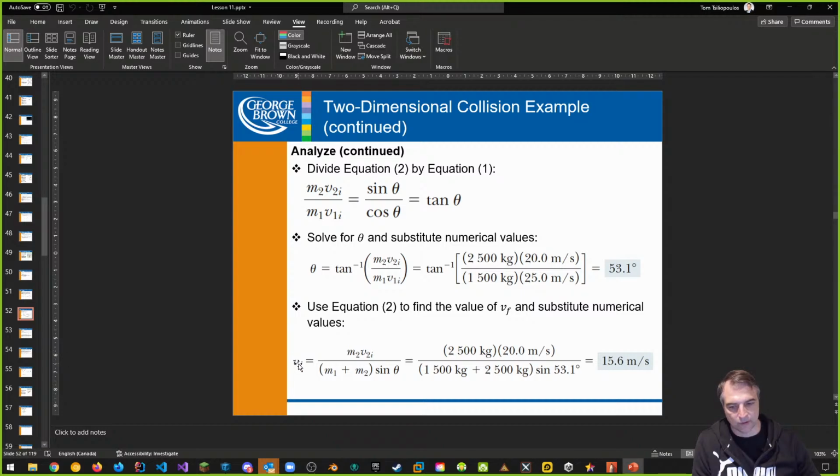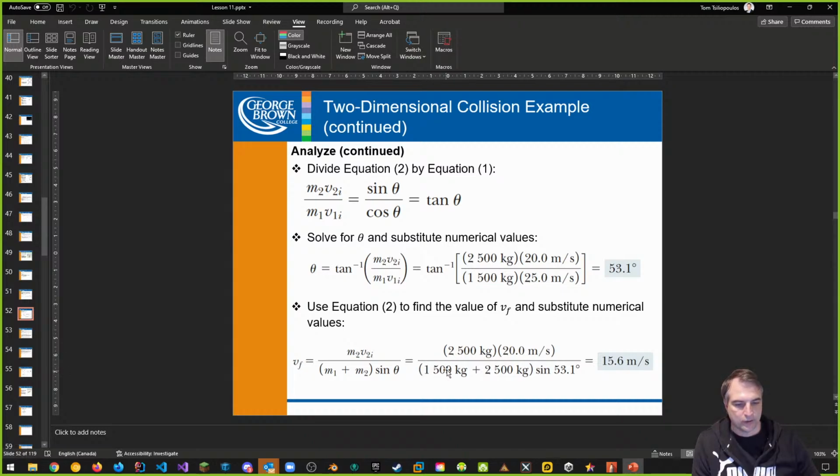And then we know that the velocity final is the sum of the two masses, right, times the sine of the angle. So we say, okay, m2 times v2 initial over m1 plus m2, times sine theta. We plug that formula in, and we say that 2,500 kilograms times 20 meters per second, right? That's the initial mass of the truck.